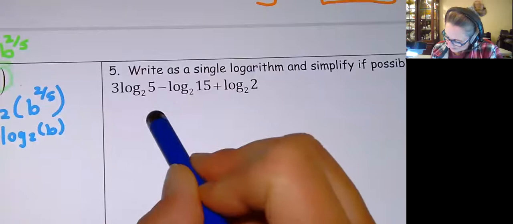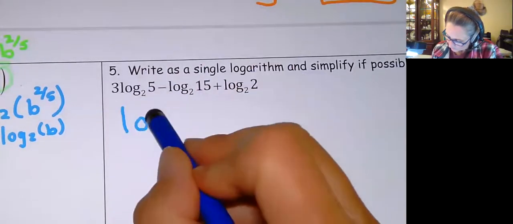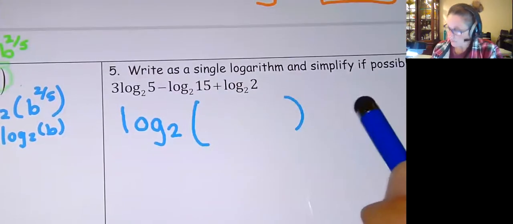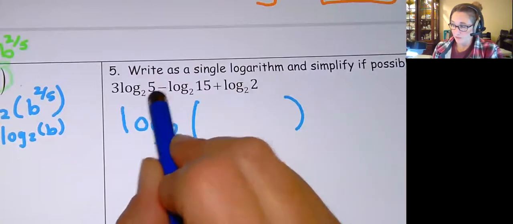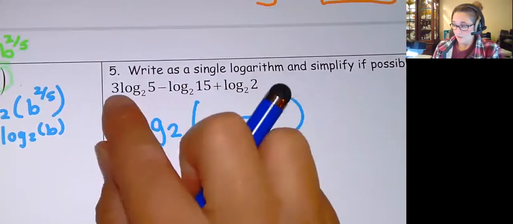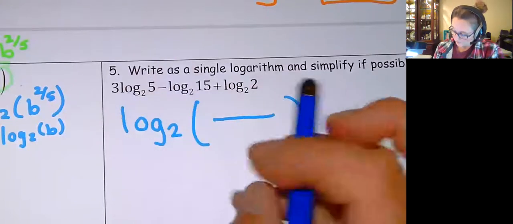So first off, why don't we just do this? I'm just going to write it as log base 2 of something. I'll write it as a single logarithm. Since I have a minus, I know I'm going to have a division part in here. This 3 log base 2 of 5, the 3 is going to become the power.